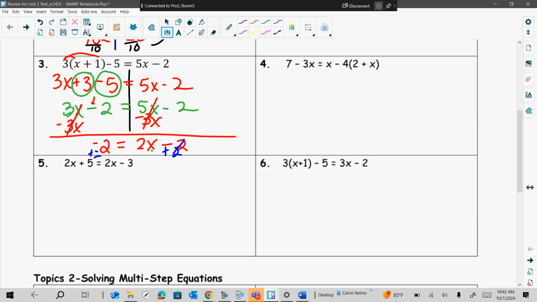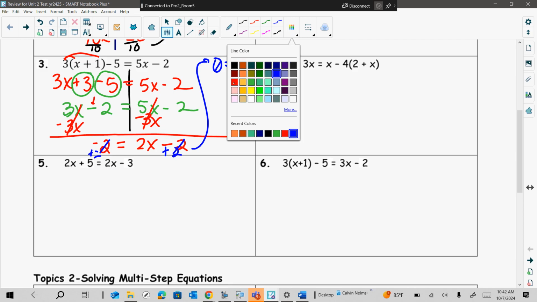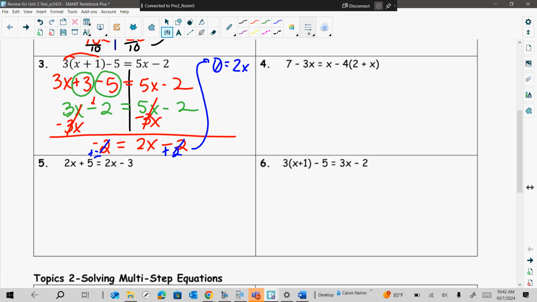And this is what I want you to see. On this left side, it becomes 0 equals 2x. You're still dividing by 2, the coefficient. But any 0 divided by any number is just 0. So x is 0.